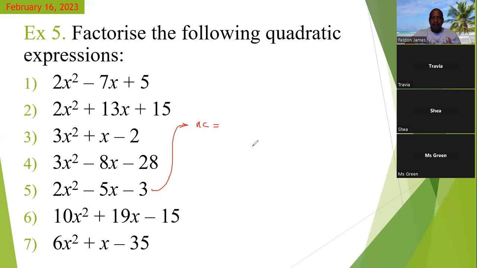Go ahead. Okay, so I have 2 times negative 3 equal to negative 6. So I'm using 1 and negative 6. All right, so using positive 1 and negative 6. Why did you opt to use those signs?